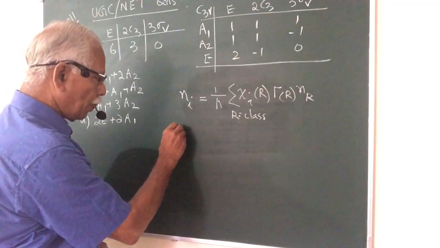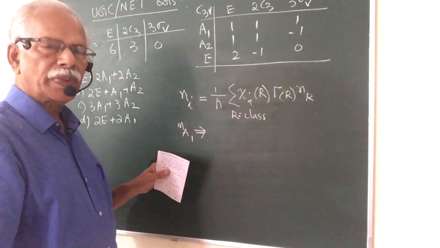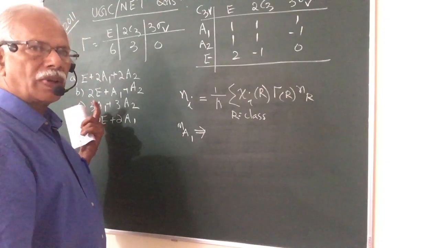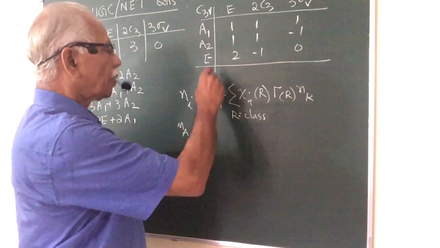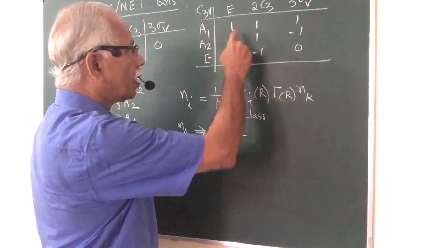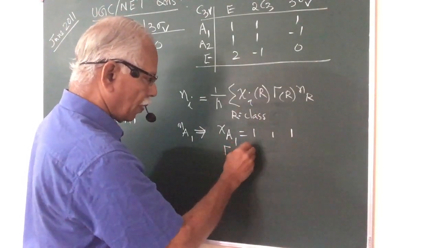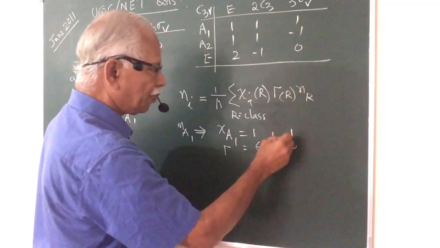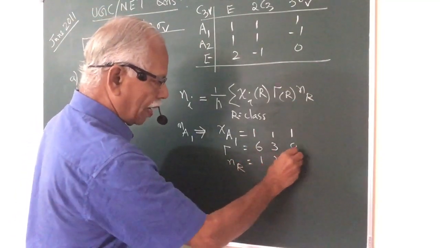Let us see how many times A1 type irrep belongs to this given reducible representation. You write the characters of A1, which are 1, 1, 1, then gamma is given as 6, 3, 0, and the number of operations in each class is 1, 2 and 3.